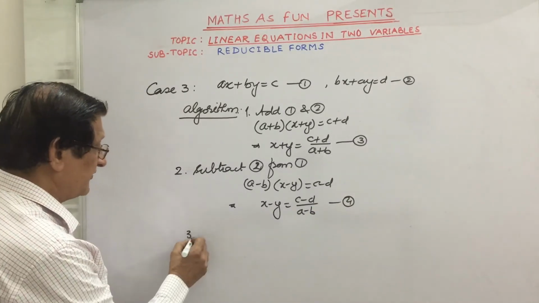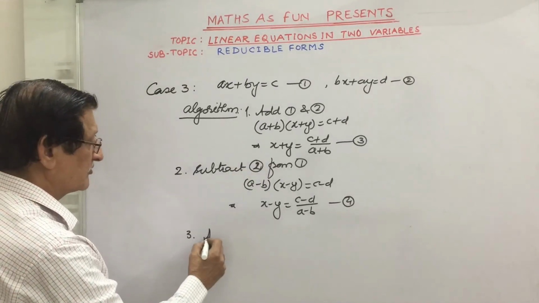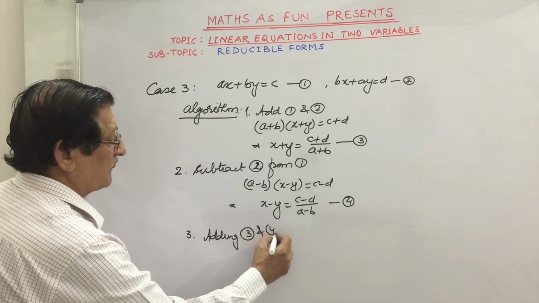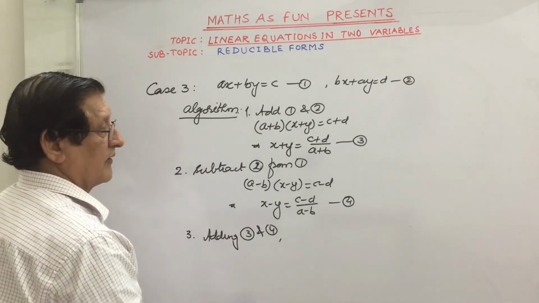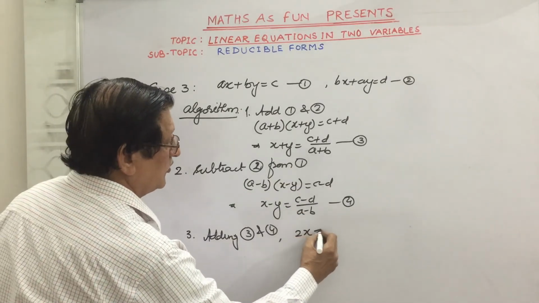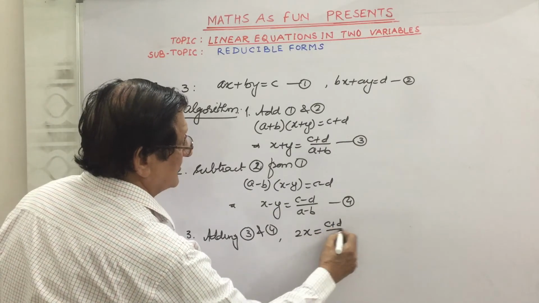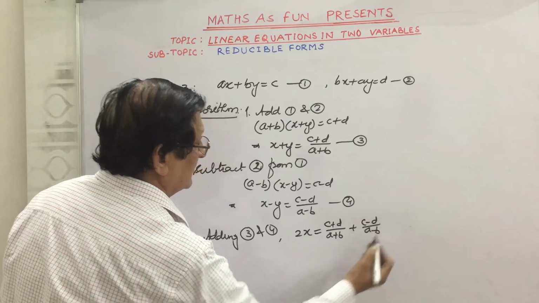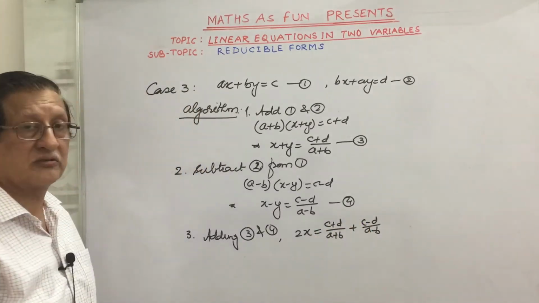The third step we can have here is add 3 and 4. Adding 3 and 4, we can get the value 2x is equal to c plus d upon a plus b plus c minus d upon a minus b, and we can find the value of x.